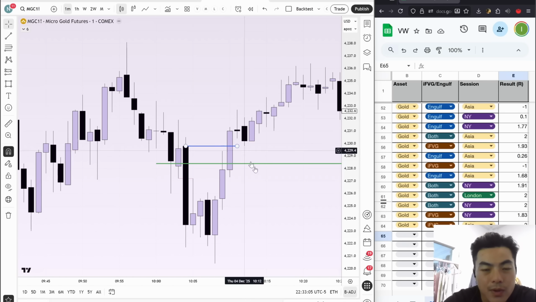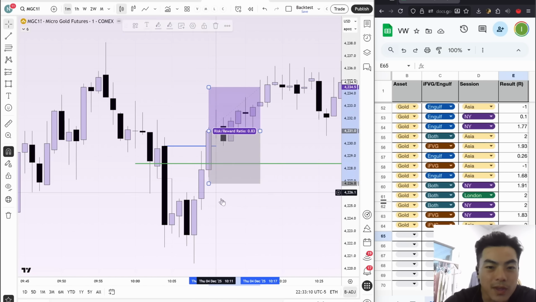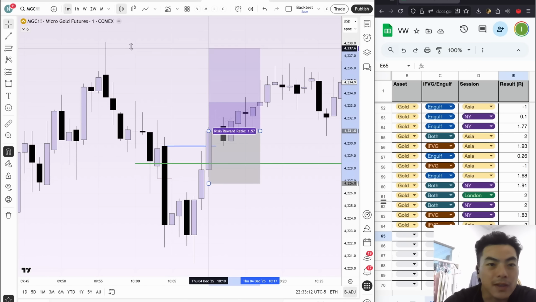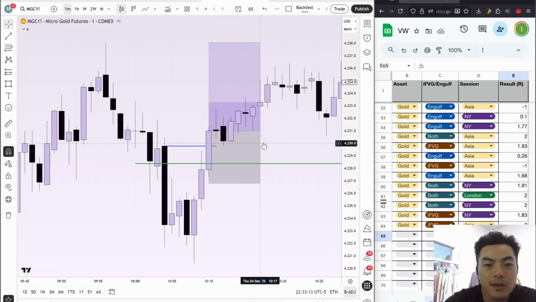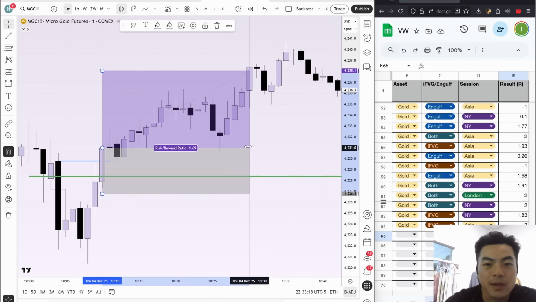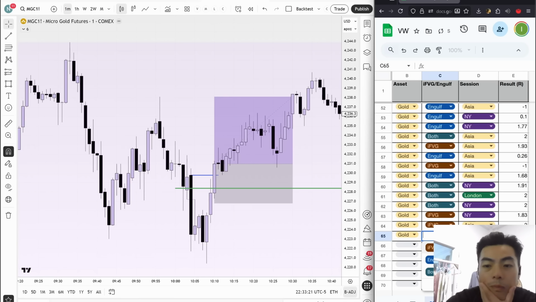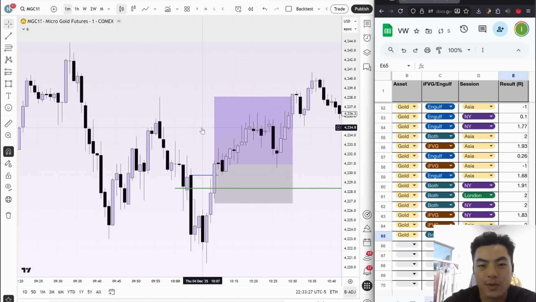So, yeah, that would be your entry. Stop right below that candle. Targeting this high. 1.7, let's see if we get it. Yeah, we do get it. So it's gold, both, and New York. What's it? 1.69.